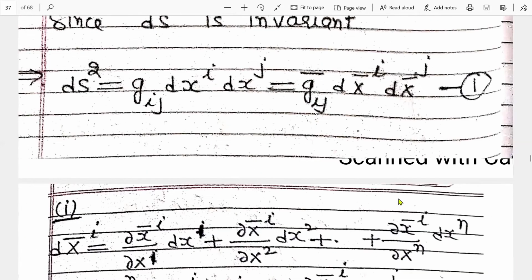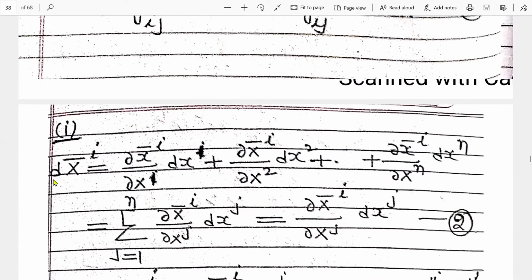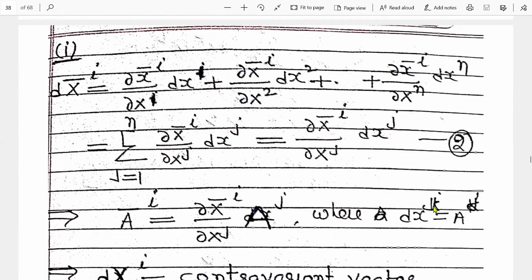If both equations are equal, then we know that dx bar i can be written as the partial of x bar i with respect to x1 dx1 plus the partial of x bar i with respect to x2 dx2 plus so on up to the nth term. This can be written in the form of a summation: the partial of x bar i with respect to xj dxj. So that is equation number 2, right?